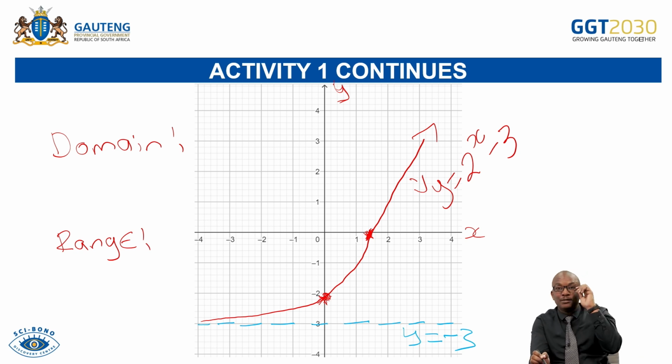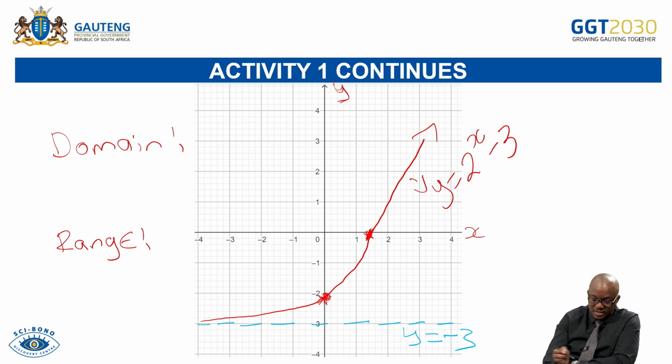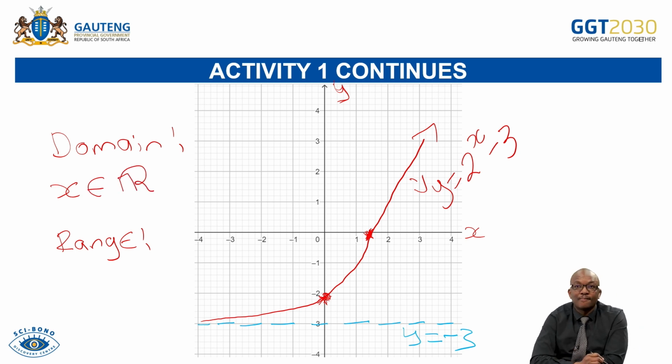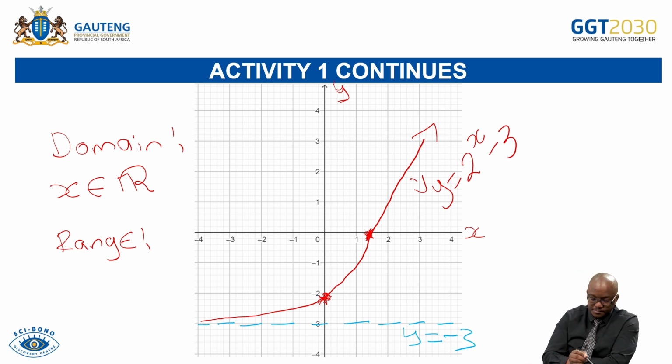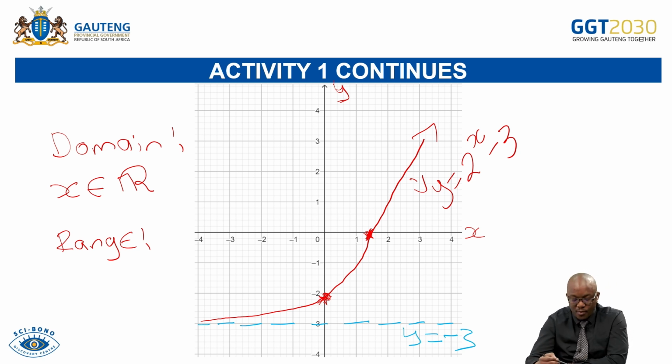We know that the domain of your exponential function is x is an element of all real numbers, because for each and every x value that you substitute in your function, you will get the y value. Now for the range, we're looking at where the function is defined on the y values.